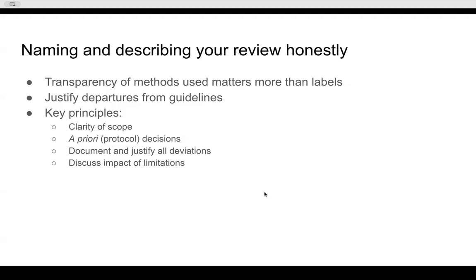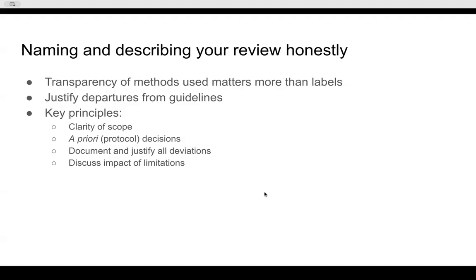So there are so many diverse forms of systematic review. A lot of people are aware of the term and that it adds a bit more weight than just a literature review, but they're not aligning with established methodology. And so what is really important is being transparent and clear about the methods that you use. And if you've deviated from any common gold standard methodology, then justifying and explaining it.